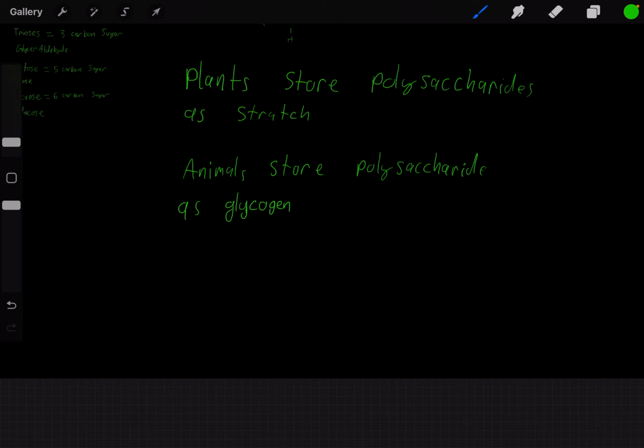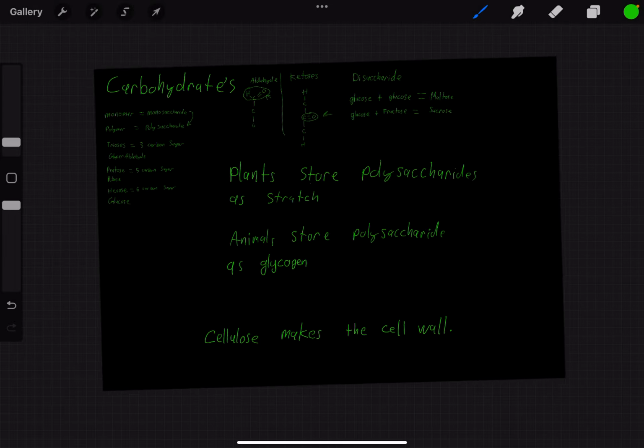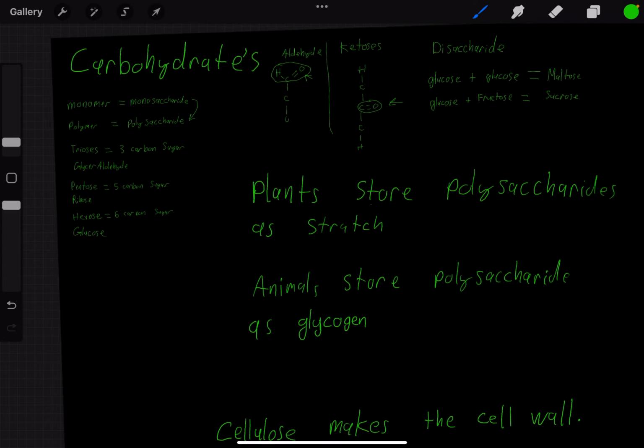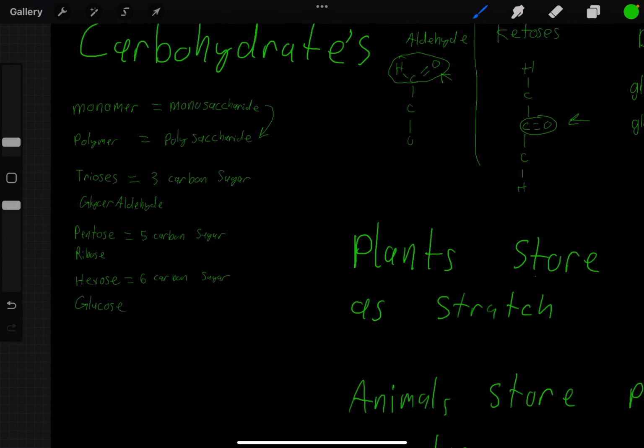And then the last thing is structural polysaccharides, such as cellulose. The polysaccharide cellulose makes the cell wall. So that is the last thing you need to know about carbohydrates. The monomer is monosaccharide, the polymer is polysaccharide.